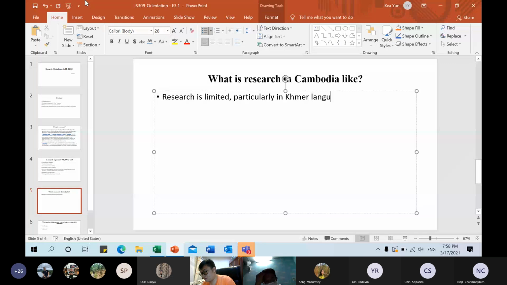And I think we also don't have many research institutions in Cambodia. Lacking research institutions. Yes. Any other?